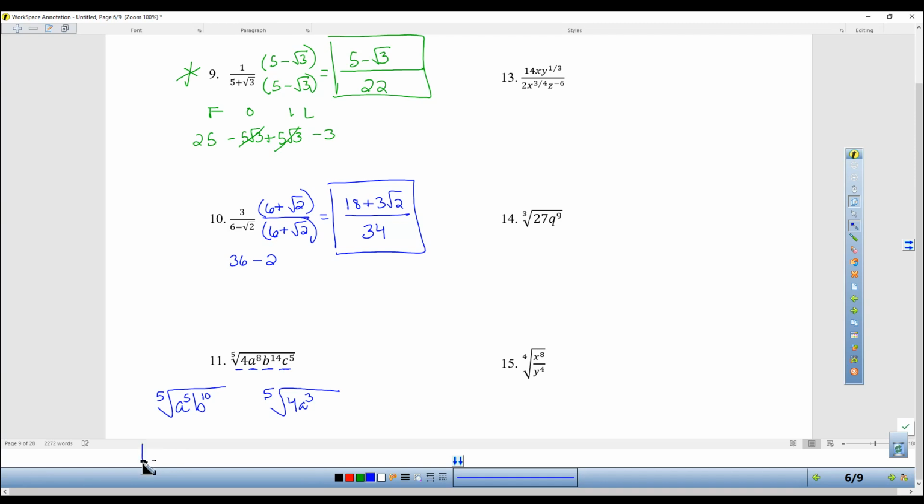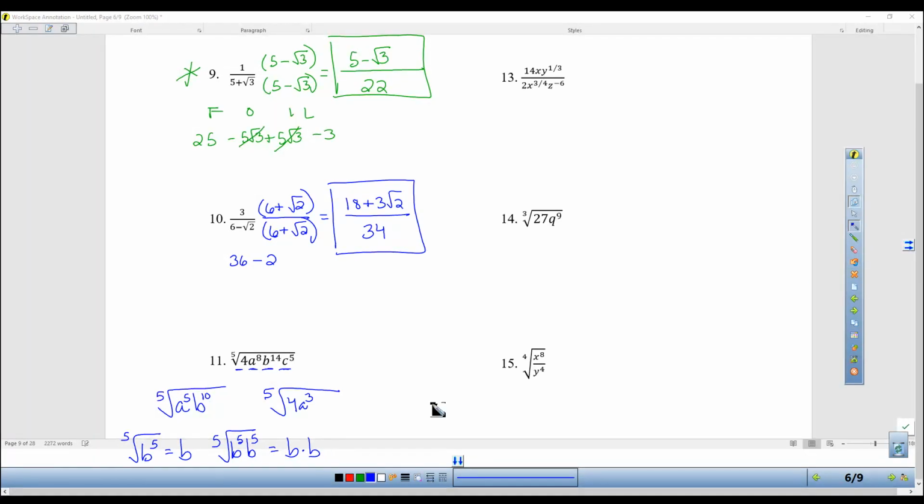One is that if you have the 5th root of b to the 5th, that would definitely be b. So think of it as I have the 5th root of b to the 5th twice. And then the 5th root of this b is b, the 5th root of this b is b. Nobody would go through all this, but this is going to simplify to b to the 10th.